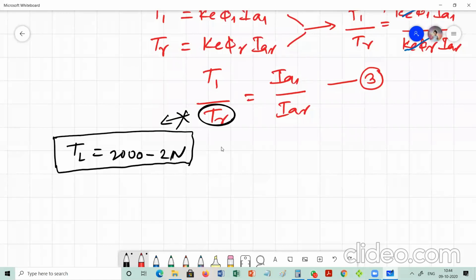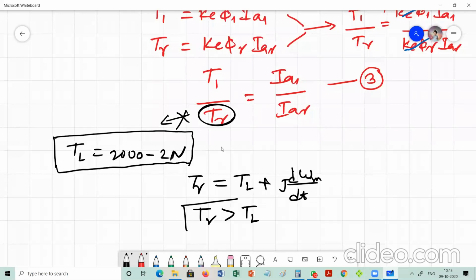So we can write that TR is always equal to TL plus J d omega m by dt. Means TR is always greater than TL. This condition must always be there so that the machine will run.